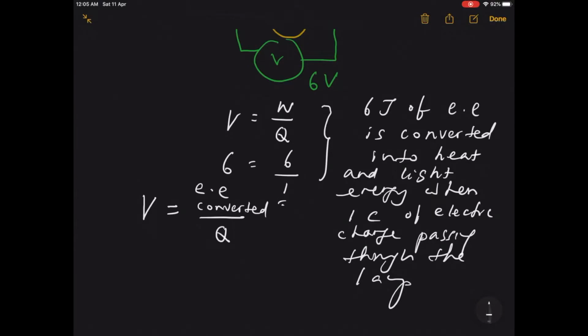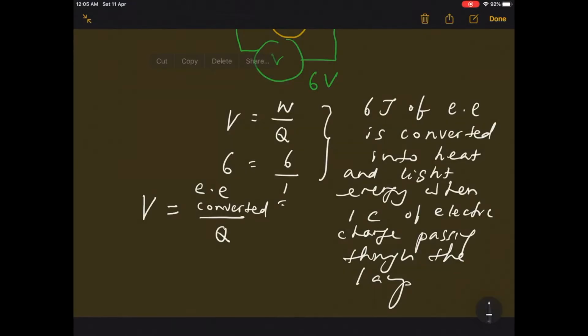Yes. So in this case, it's the electrical energy converted into heat and light. You got it? So for a heater, electrical energy is converted into heat. That's all. There's no light. Quite easy, am I right?